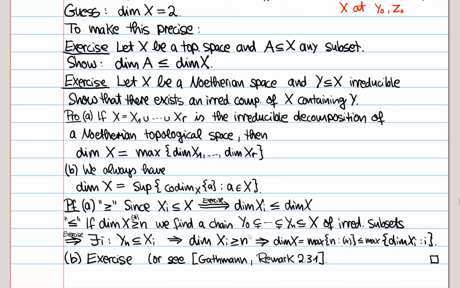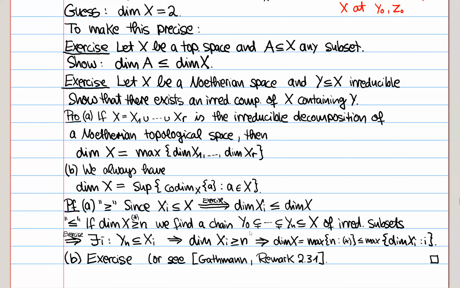So we certainly find a chain like this of length n. And then this chain ends in yn, and this is then contained in X. But by the second exercise here, this yn is contained in one of the irreducible components of the space X.